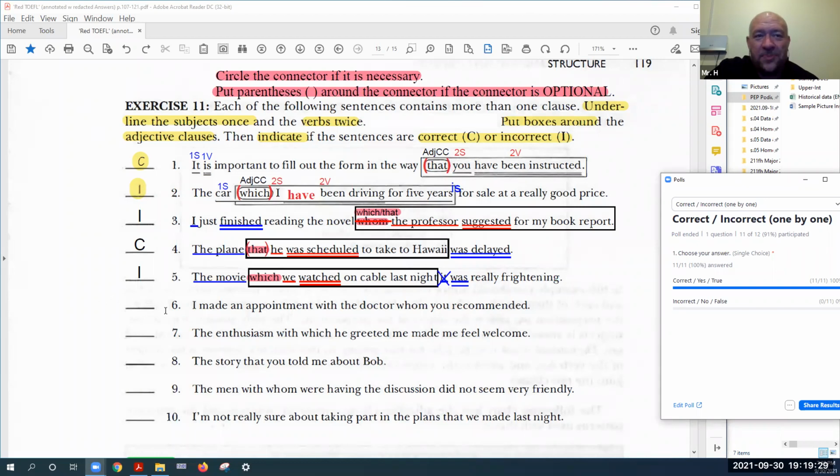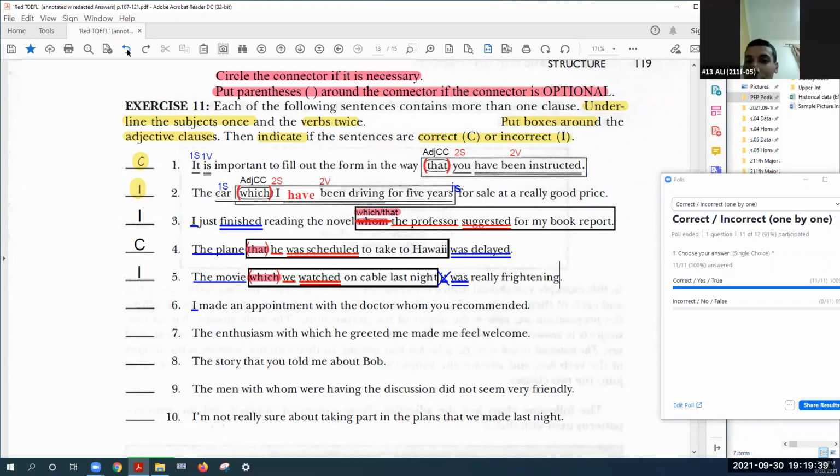Ali, you want to explain number 6? Yes. I first subject. Good. And then? First verb. Good. The doctor is object of preposition. Very good. Yes. Object of a preposition. And then?